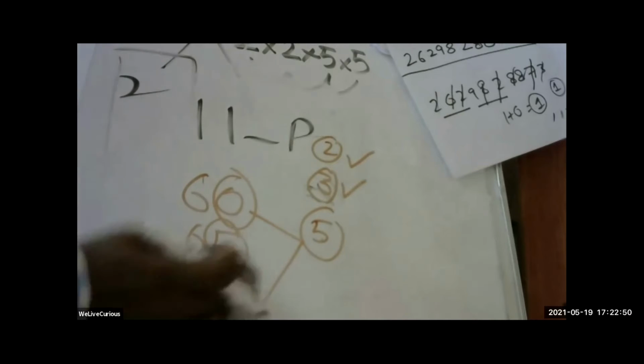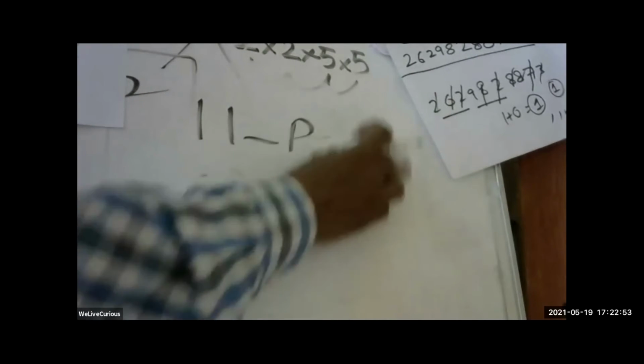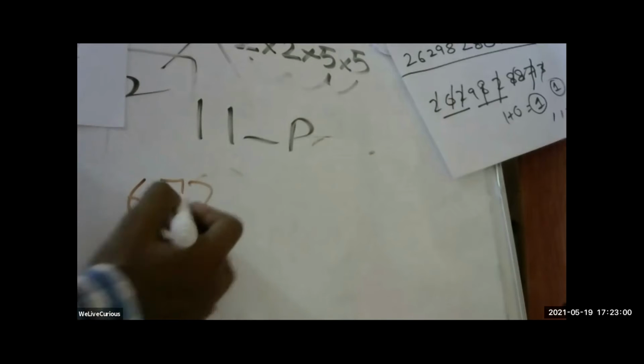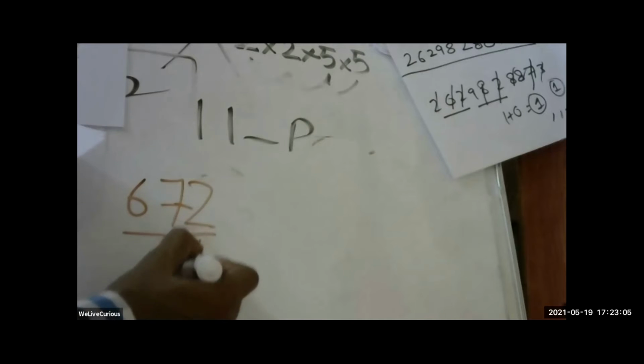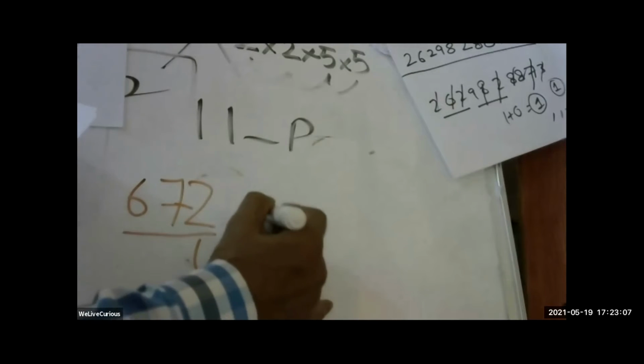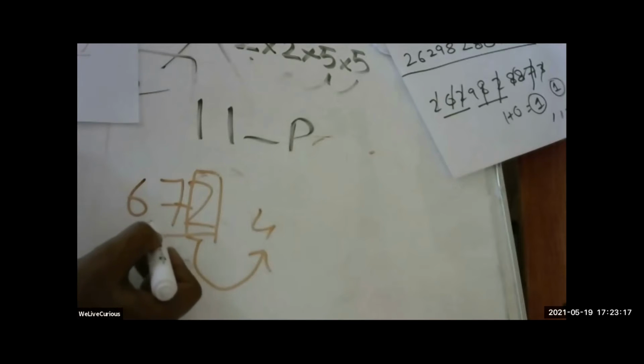What they say, if there is, say, 672, divisibility by 7. What I found is, I'm not reciting it from memory, I'm reading it. If this is a number, then double the last digit, make it double, 4, and subtract it from the rest of the number.